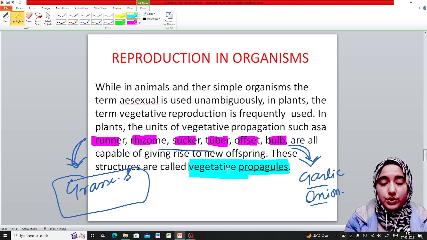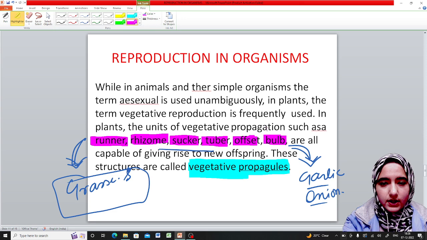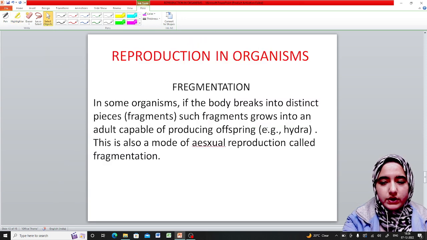Please don't get confused. Vegetative propagules are present in vegetative reproduction, and they are the structures through which new organisms or new plantlets arise. Examples are runner, rhizome, sucker, tuber, offset, bulb, etc. This was about vegetative reproduction.